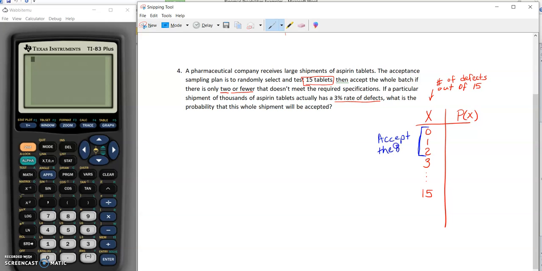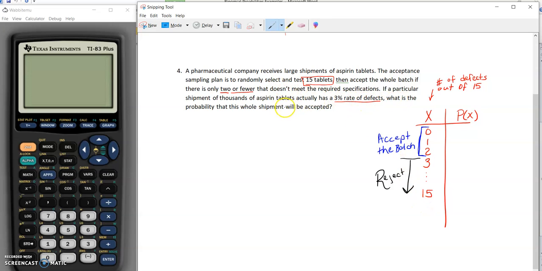Anything more than this, we would not accept. We would reject the batch. So anything from 3 up, we would reject. We would say, oh, there were too many defects, and this batch is no good.